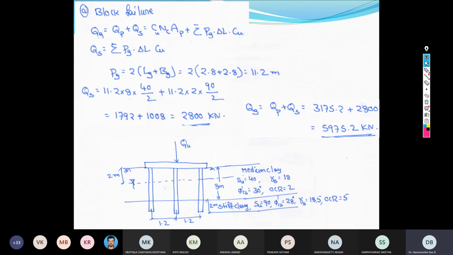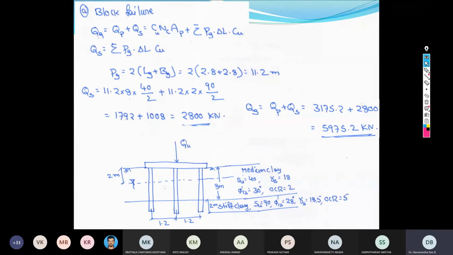When you calculate the pile group treating block failure mode, it is quite simple. The pile group capacity Qg is the summation of point bearing capacity plus skin friction. The equation for point bearing capacity is CMC into AP, and the equation for skin friction capacity is summation of Pg into delta L into Cu.